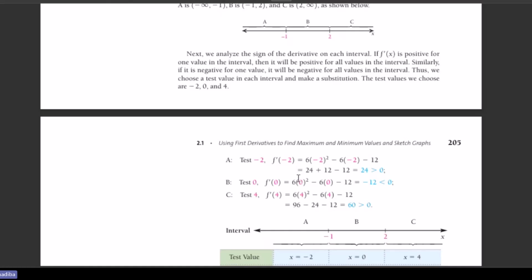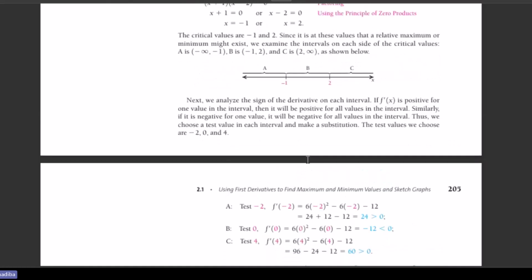Then our critical points are... All right. Now is important. I will request you to write what I wrote.